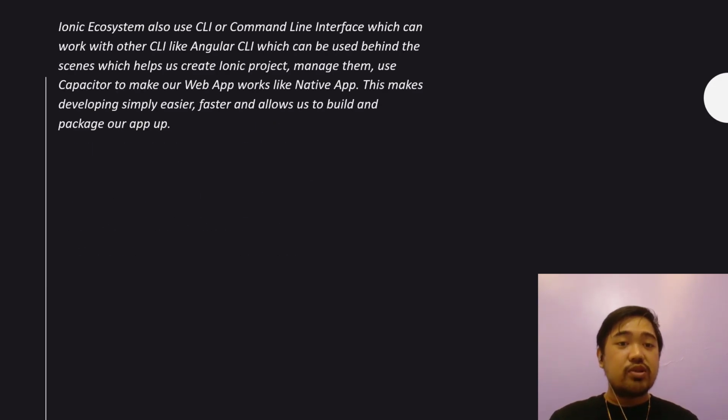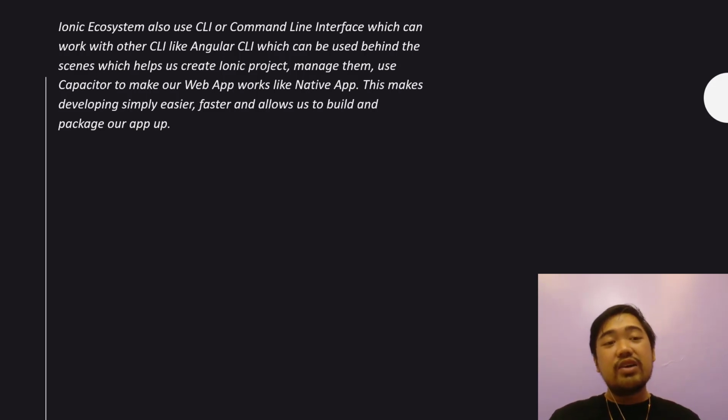Ionic ecosystem also uses CLI or command line interface, which can work with other CLIs like Angular CLI or yung CLI ng vanilla JavaScript if ever you're familiar with, which can be used behind the scenes, which help us to create Ionic projects, manage them, and then use Capacitor to make our web app work like a native app.